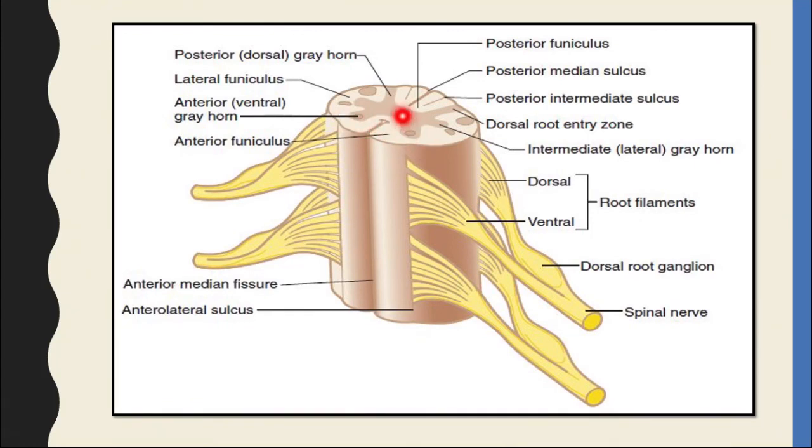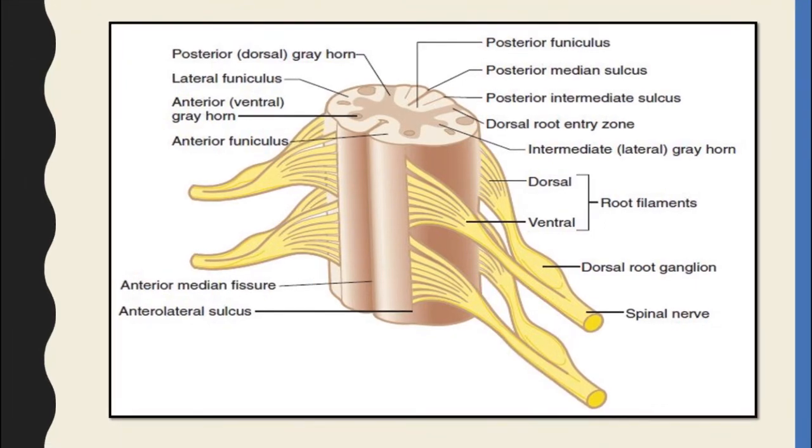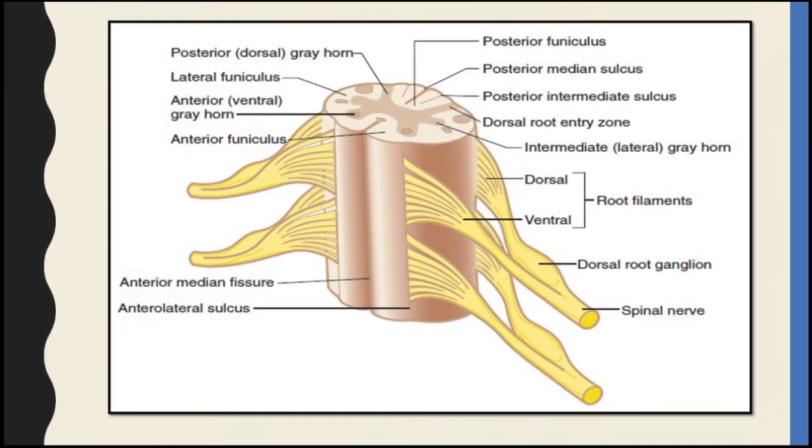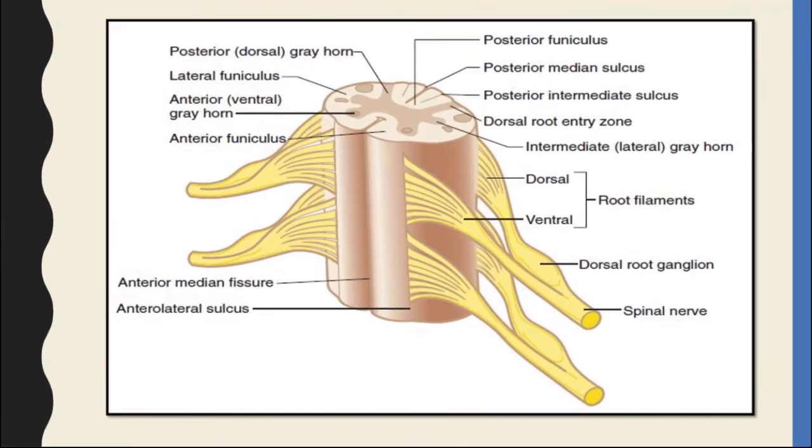Within the gray matter, on each side there are three demarcations: this is the ventral horn, this is the dorsal horn, and this is the lateral horn. And this is the spinal nerve. You can see the spinal nerve has the dorsal and ventral root filaments, and the dorsal and ventral root filaments form the spinal nerve.